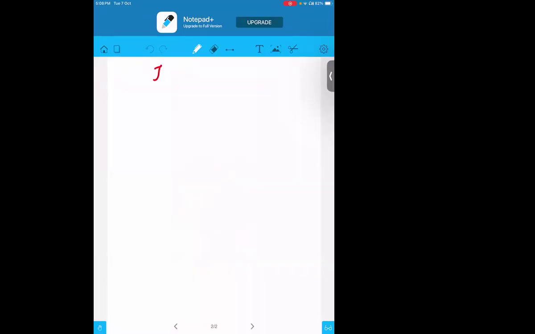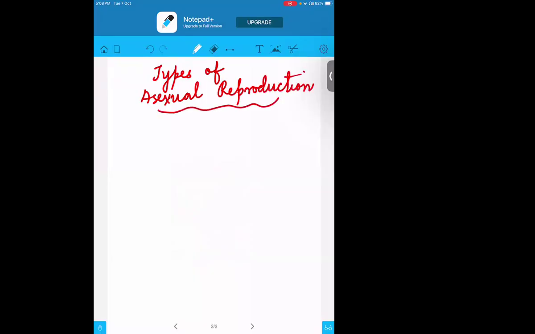Now, we will be discussing the types of asexual reproduction. Clear? Basically, there are four different types we have. The first one is called budding. The second one is called fragmentation.